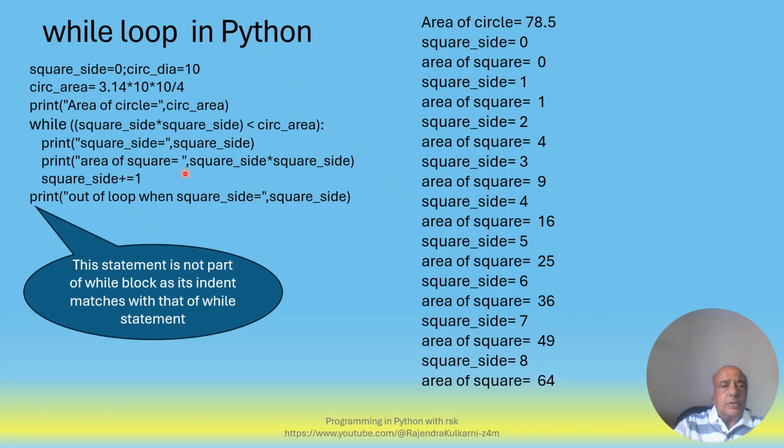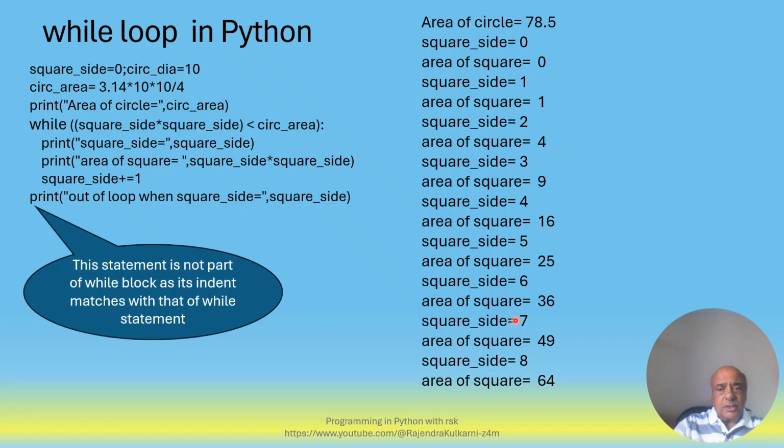Then the area of a square is square_side into square_side, and then square_side is incremented by 1. So when the square side is 1, the area of the square is 1, which is less than the area of the circle. So the next iteration takes place where square_side is 2 and now the area of the square is 4.